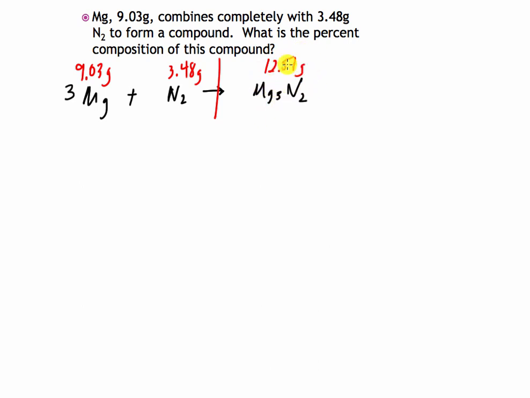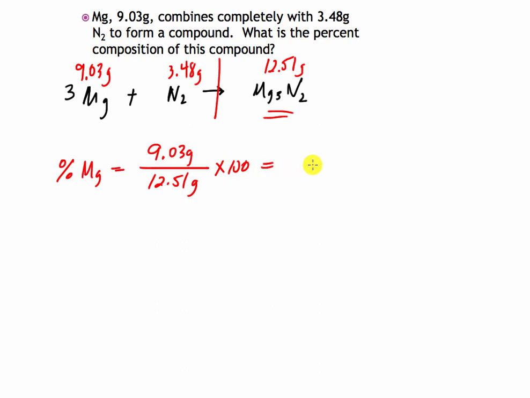This is the mass of the product that I have. If I want to find the mass percent of magnesium, I take 9.03 grams, put that over 12.51 grams, and multiply by 100.